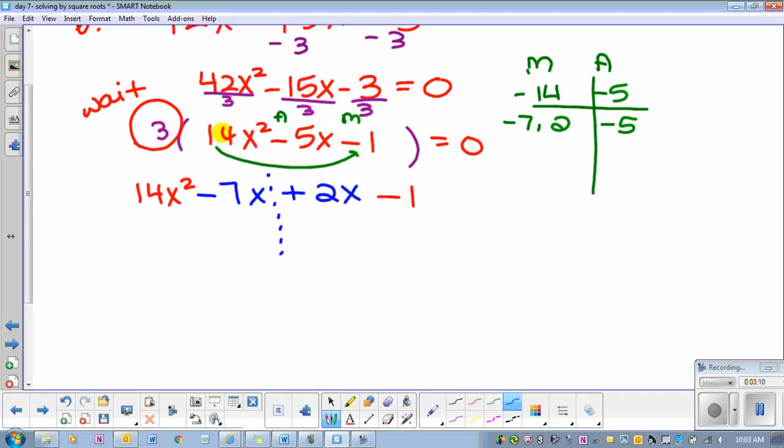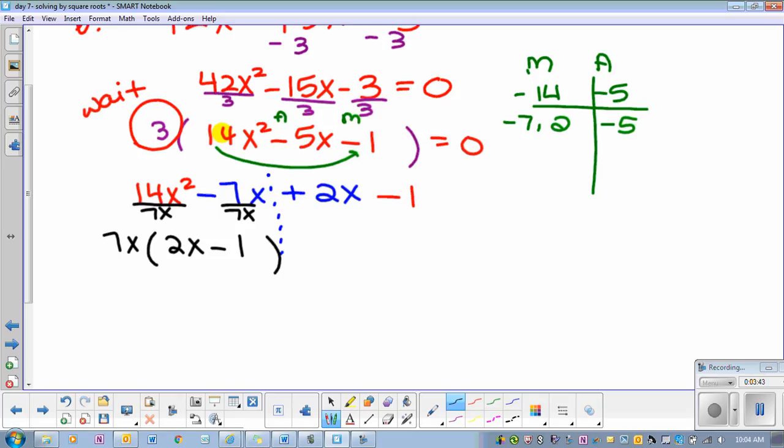And let's find the GCF on the left-hand side. 14x squared minus 7x. What's my GCF there? 7x. So if I divide, then I end up with 2x minus 1. How about on the right-hand side?